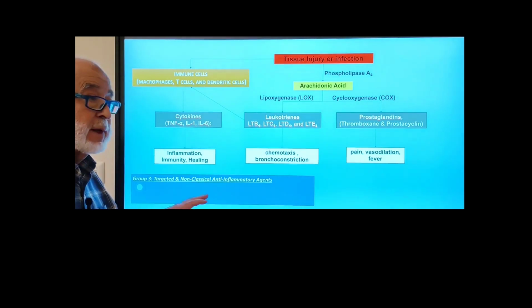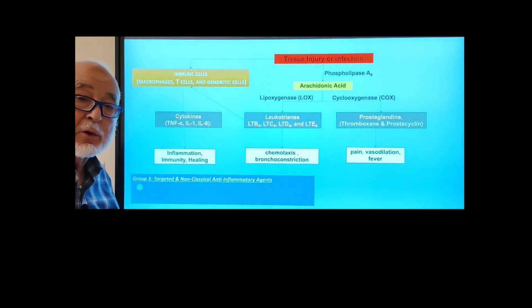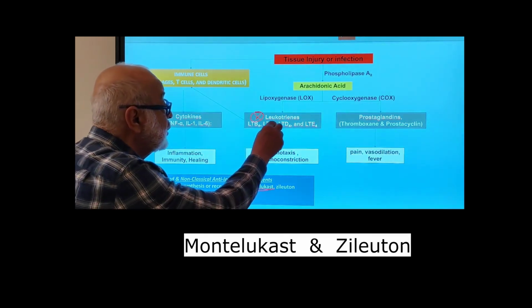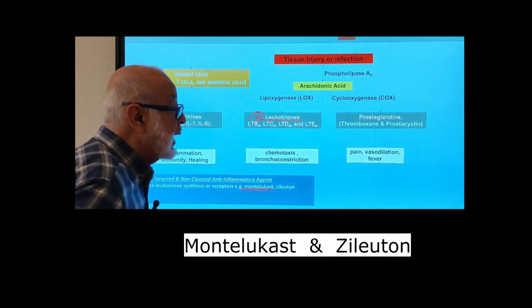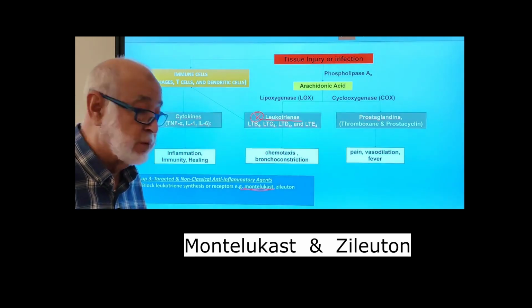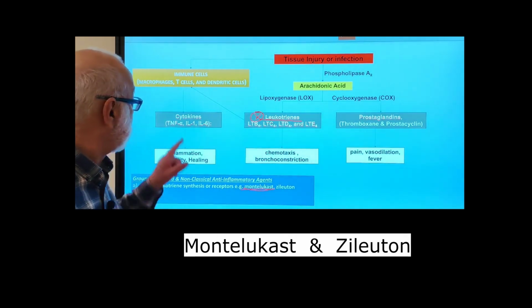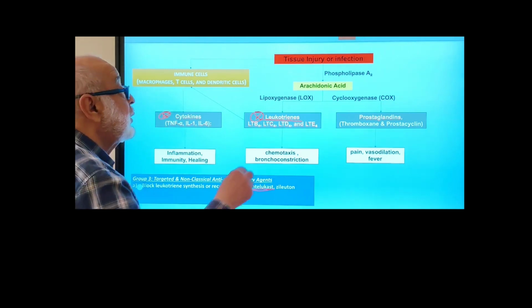The third are known as non-classical or targeted anti-inflammatory. Non-classical means they are not like aspirin-like drugs. These are the drugs which inhibit leukotriene action and receptors, like montelukast and zileuton. The others inhibit the pro-inflammatory cytokines.